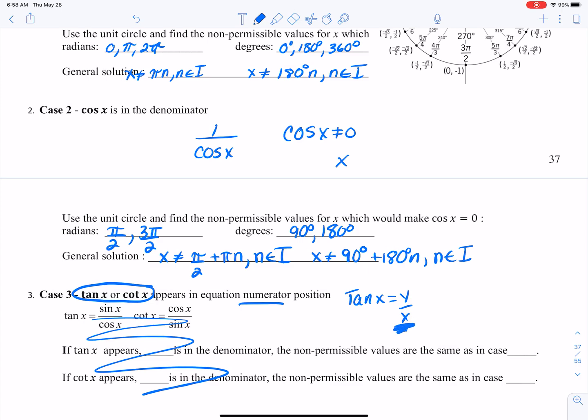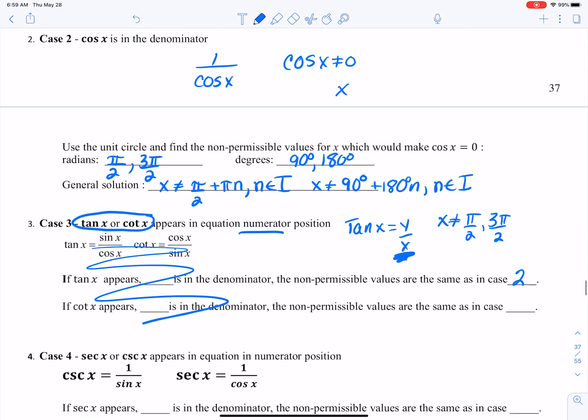We cannot have an x value at 0. So, where does x equal 0? Well, we figured that out. So x cannot equal pi over 2 or 3 pi over 2. That ends up as the same restrictions as cosine, right above here.